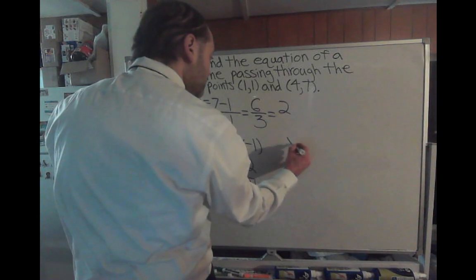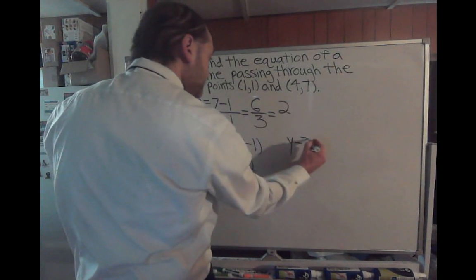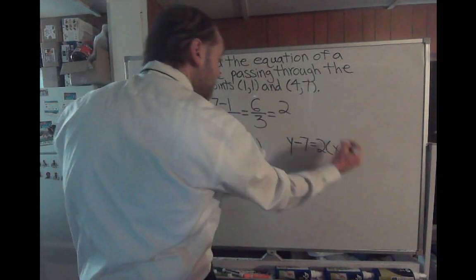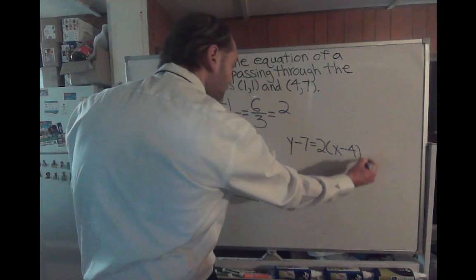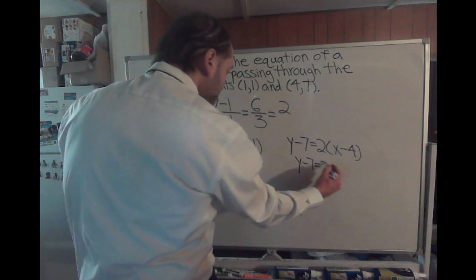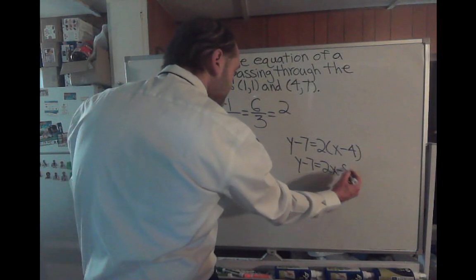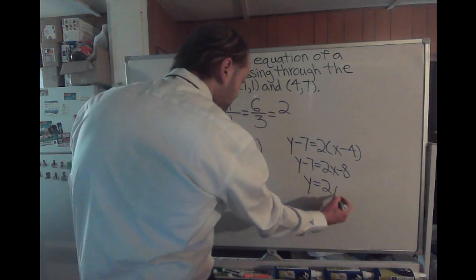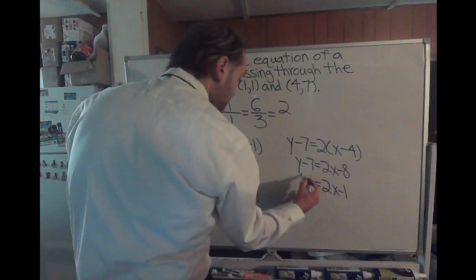So we'll do y minus 7 equals 2 times the quantity of x minus 4, which would end up giving you y minus 7 equals 2x minus 8, which would also give you y equals 2x minus 1.